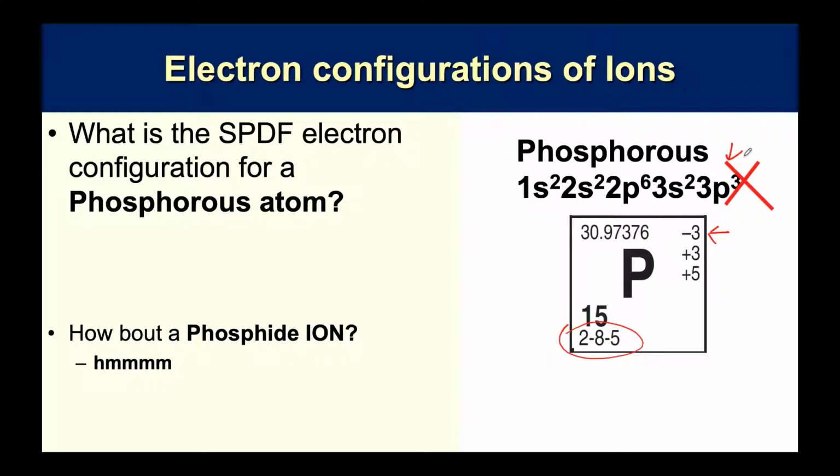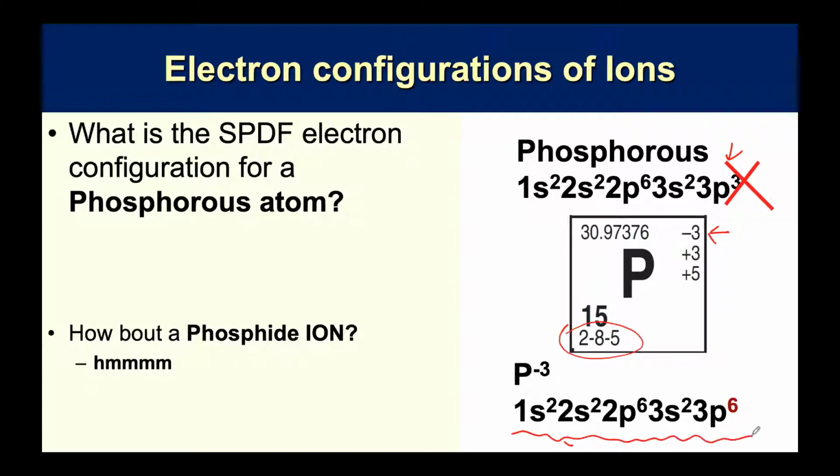We're going to go from a total of 3 electrons in our p sublevel to a total of 6. And that is going to give us a phosphide ion, which has an electron configuration of 1s2, 2s2, 2p6, 3s2, 3p6. So you simply have to alter the last sublevel's number of electrons based on what the charge is on the atom.